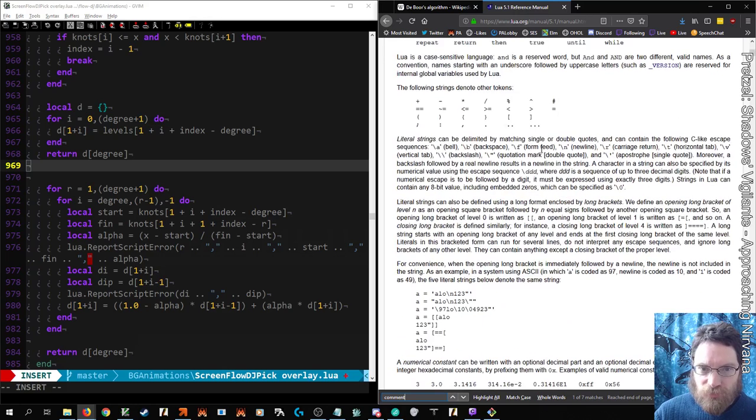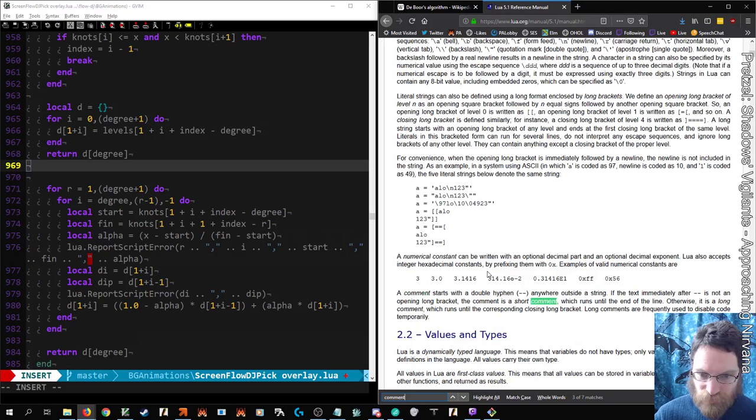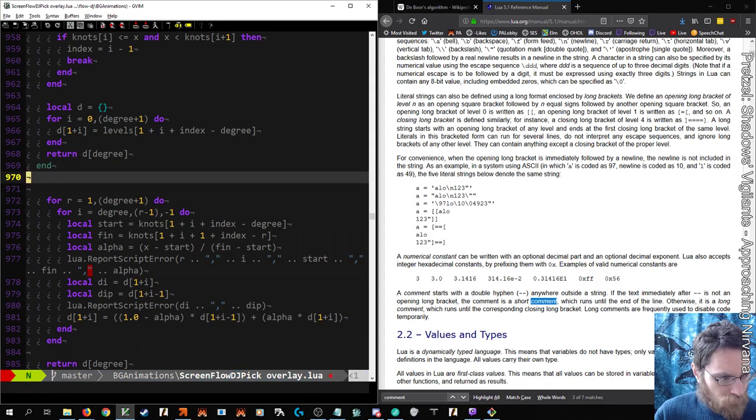Long bracket. Literal strings, not strings. Comment starts to double happen. The text immediately is not an opening long bracket. Wait.